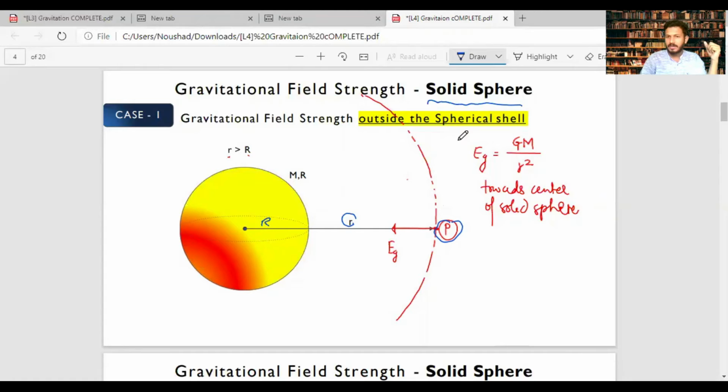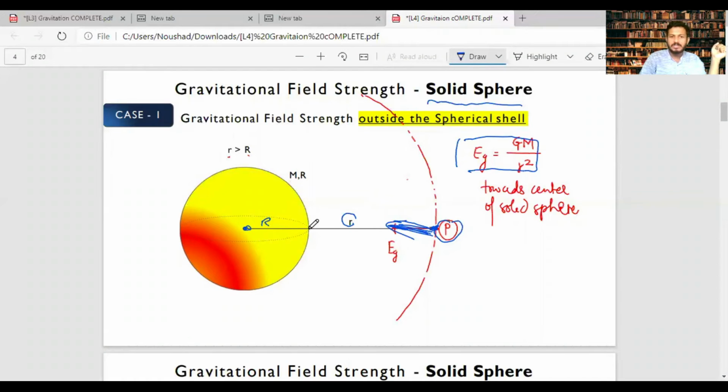Then the gravitational field strength is defined as Eg equal to GM by R square. The gravitational field strength outside the solid sphere is GM by R square towards the center. Yes, it's clear because this is the parent body, the solid sphere. The parent body attracts this body towards its center. It's a very common concept.